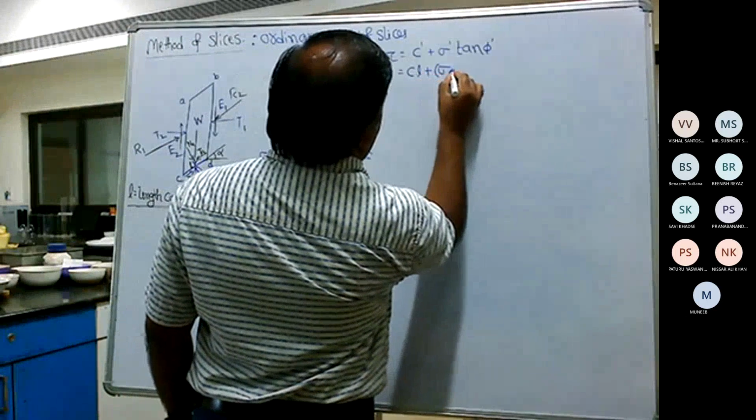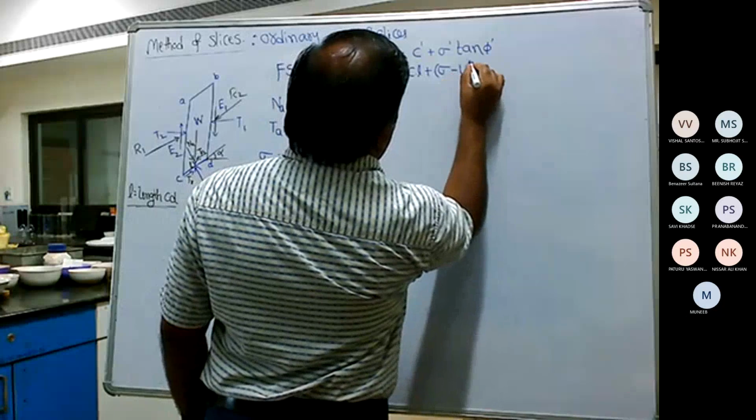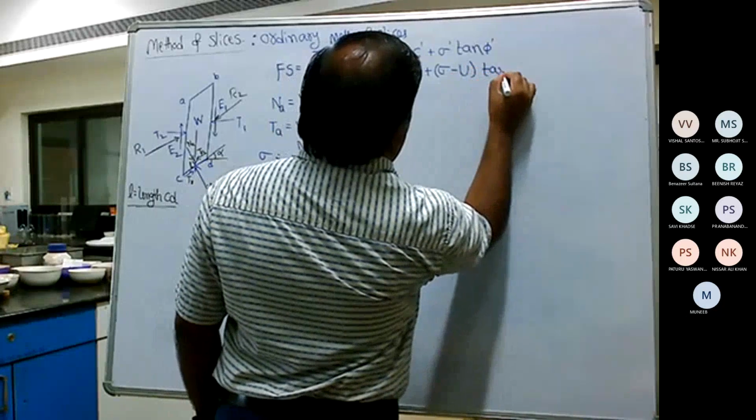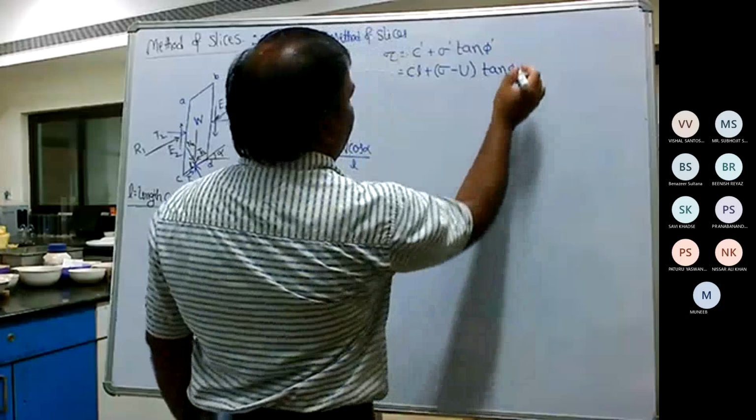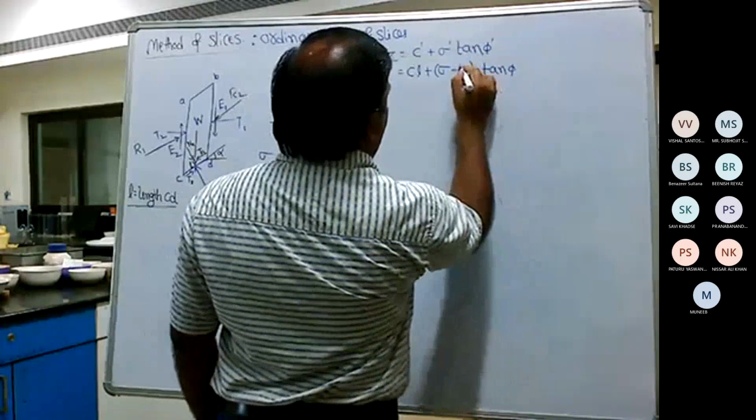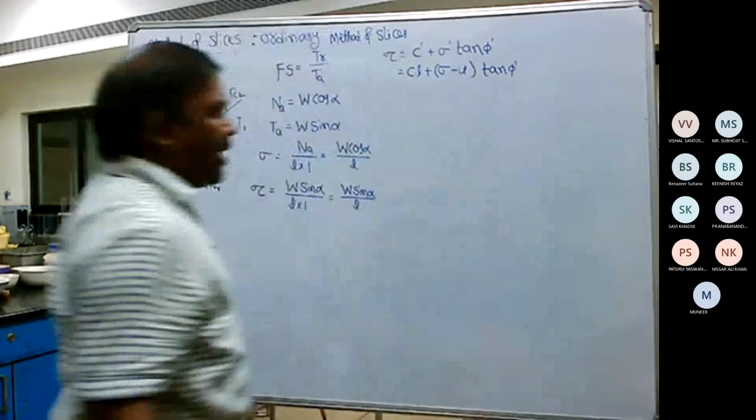So this can be written as sigma minus u, multiplied by tan phi dash.